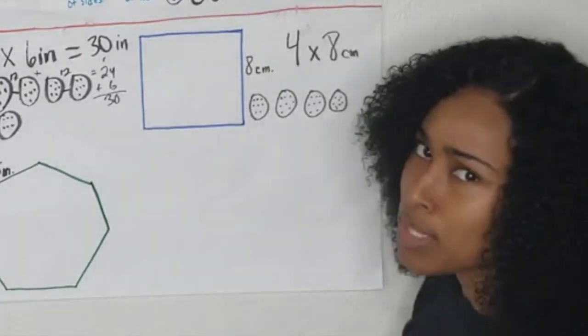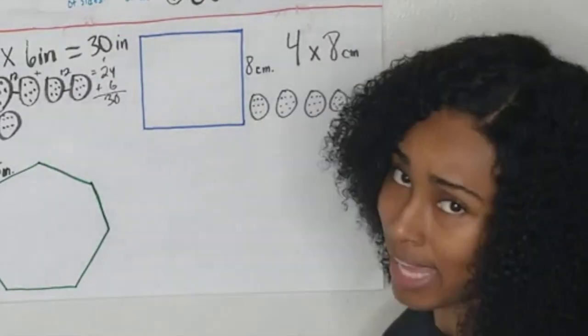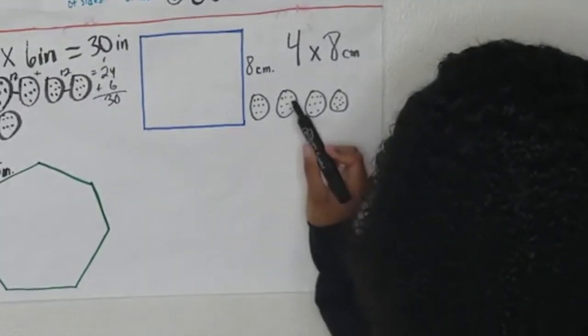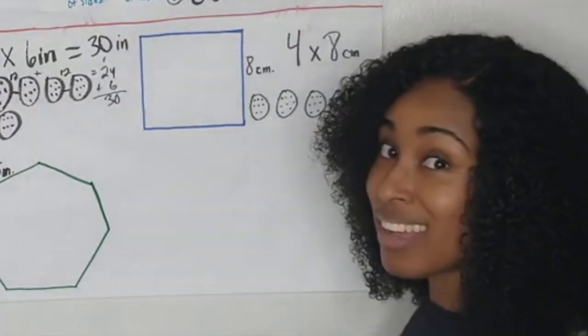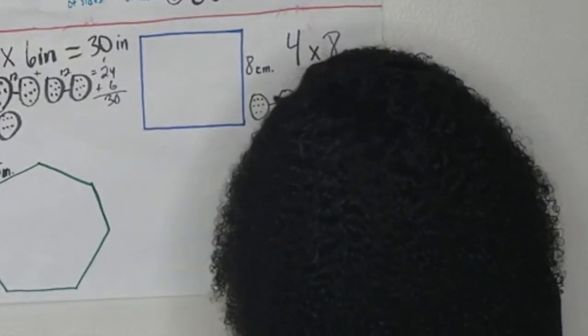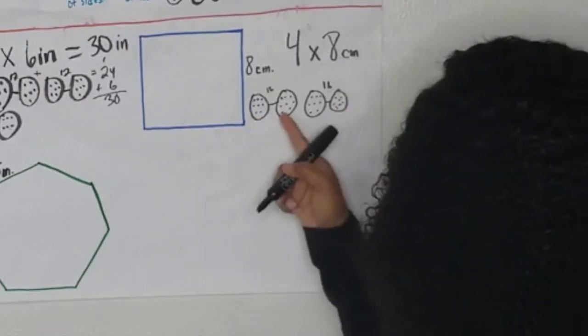Now what's the fastest way we can add this together? We don't want to count by ones and maybe we don't know how to count by 8. So I'm going to add these two together. I know 8 and 8 make what? 16. Good. These two together make 16. My other two make 16. 8 and 8, 16.